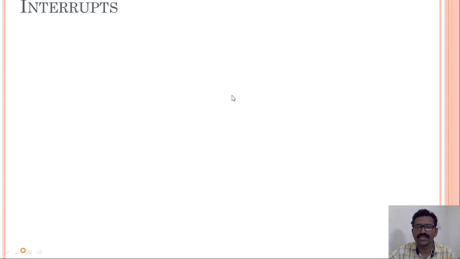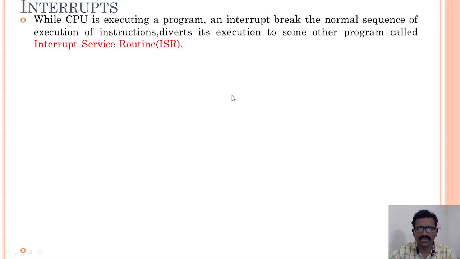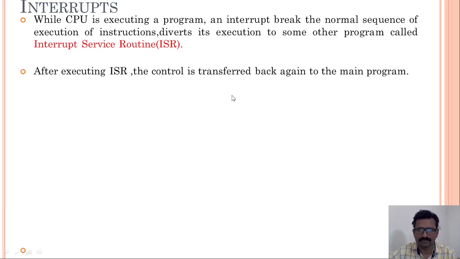While the CPU is executing a program, an interrupt breaks the normal sequence of execution of instructions and transfers the program control to some other program called the interrupt service routine, or ISR.